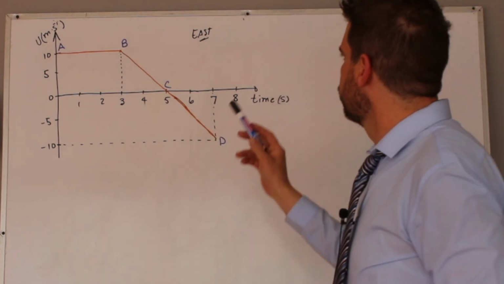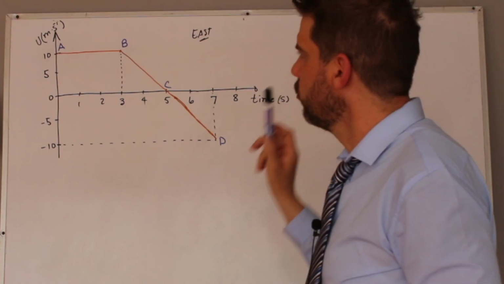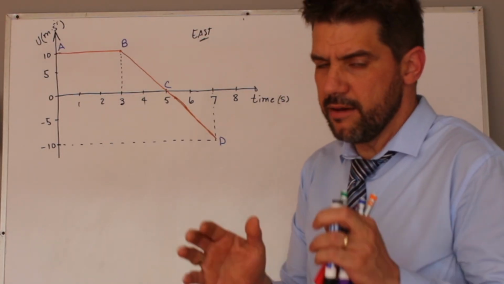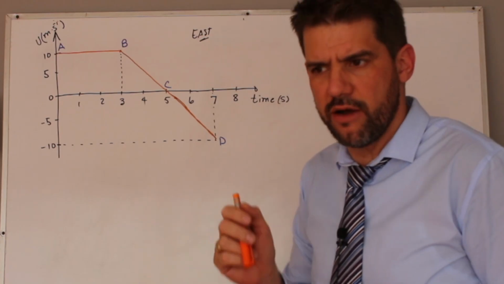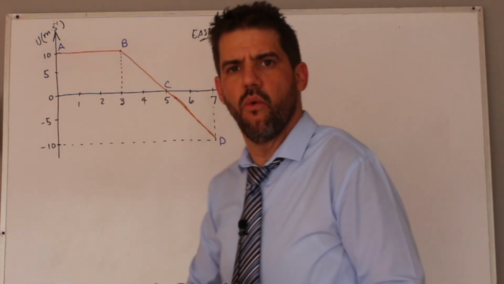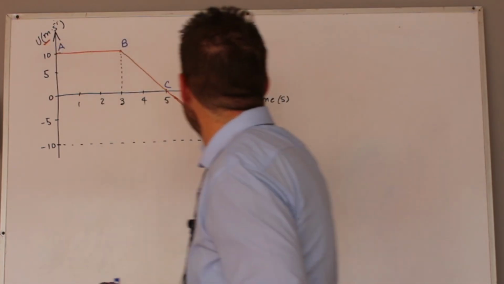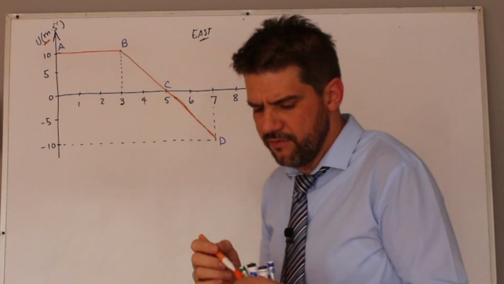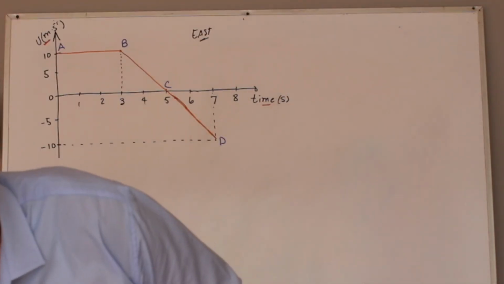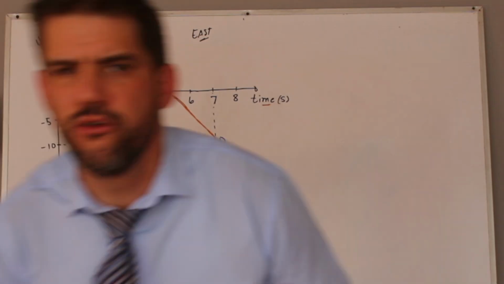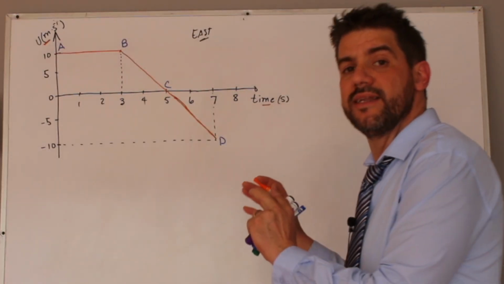So here I draw the graph of velocity versus time. Whenever you have a graph, whatever graph you have, the first thing you have to do is identify the type of graph. Here we have velocity versus time, because different graphs have different things to do. If you don't know that, then you will not be able to answer the question.